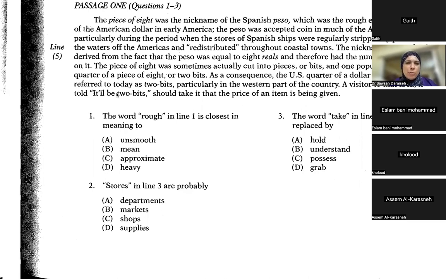Remember when you were trying to convince me what this means, and I was trying to convince you based on my understanding and yours? Remember what happened? So this is whether a visitor to that area, the Western areas, guys, if told it'll be 2 bits, should take it that the price, take it like understand it.